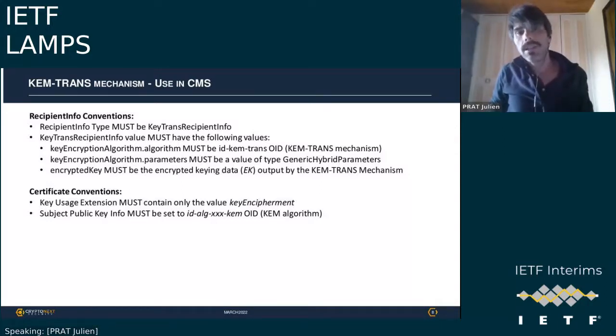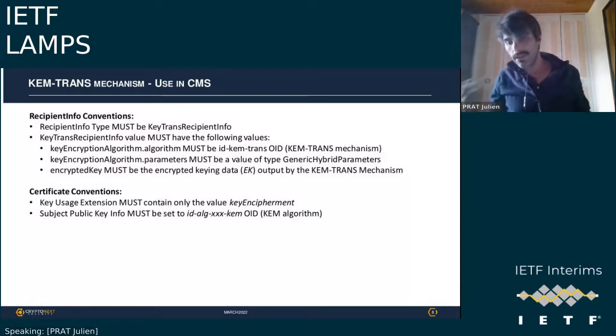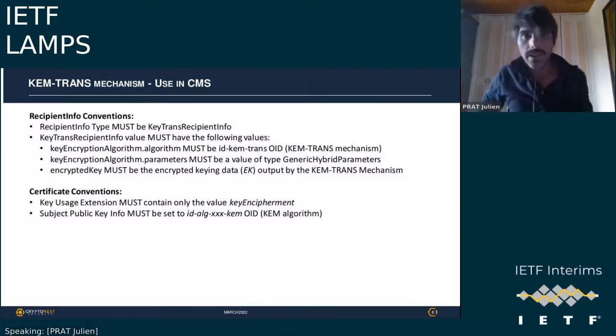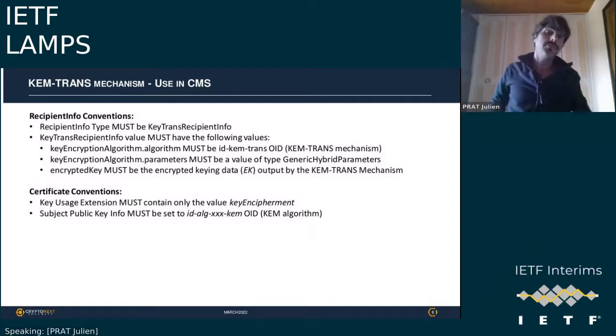Also the subject public key info should match the OID of the KEM, so that will be quantum safe or even a regular classical KEM. So that's it for what the RFC introduces. And then there are still open points to be discussed regarding this new mechanism. Those points are on the next slide.